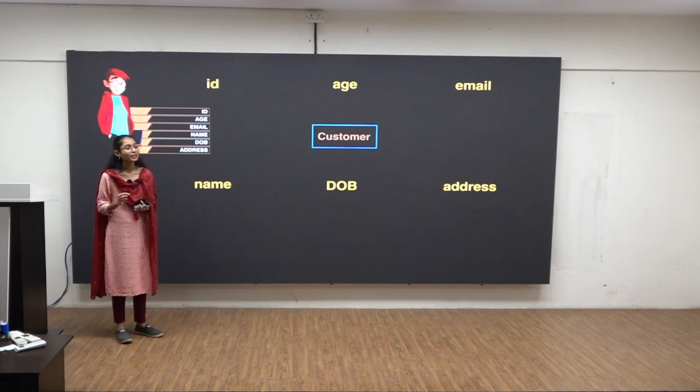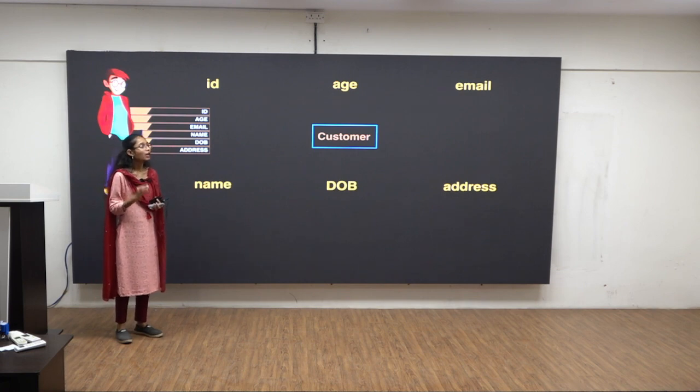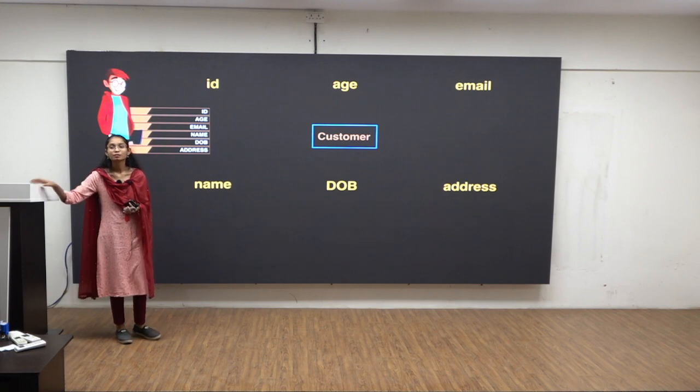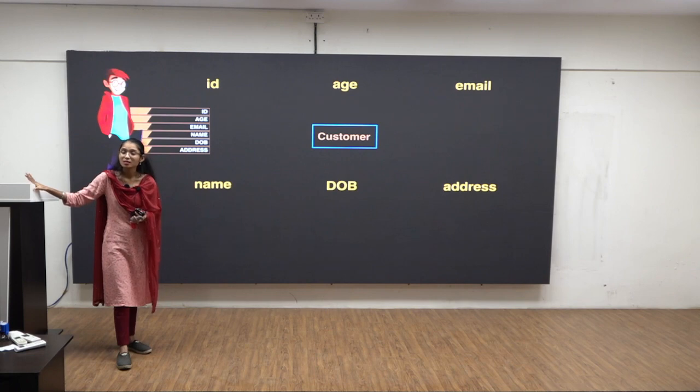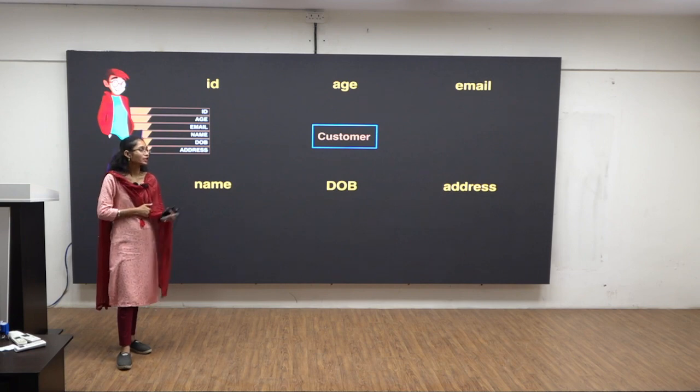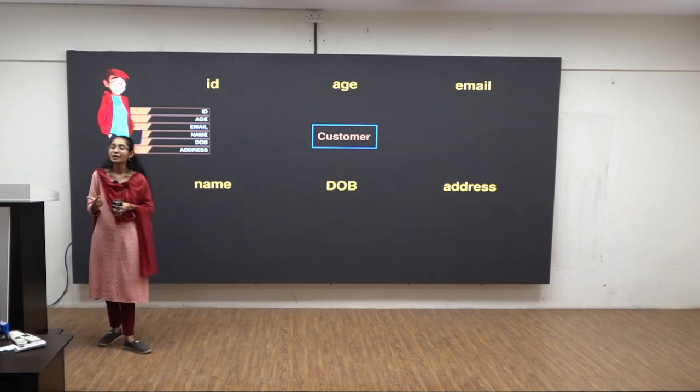And what are these properties technically called? Attributes. And what are attributes? Examples are ID, name, age, gender. But what are attributes? They are the properties that describe your entity. So both terminologies are important: what is an entity and what is an attribute.